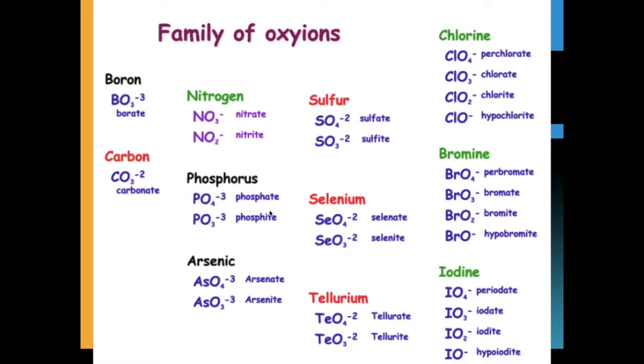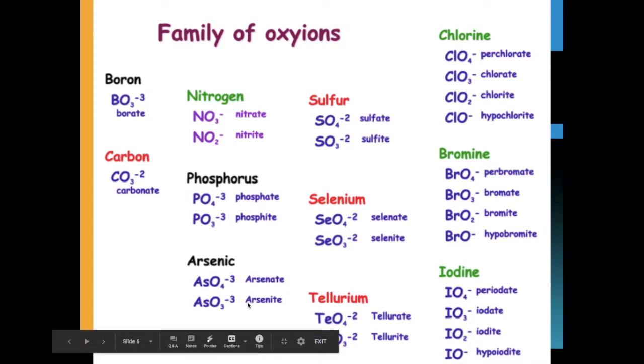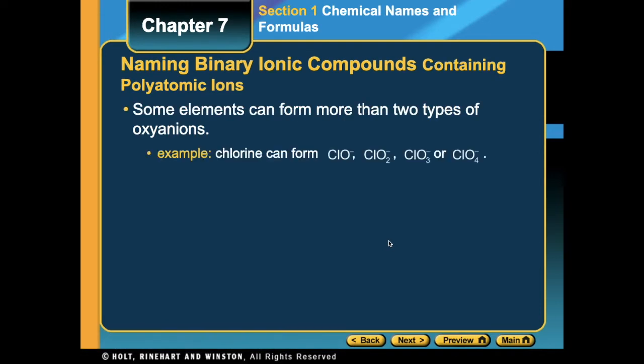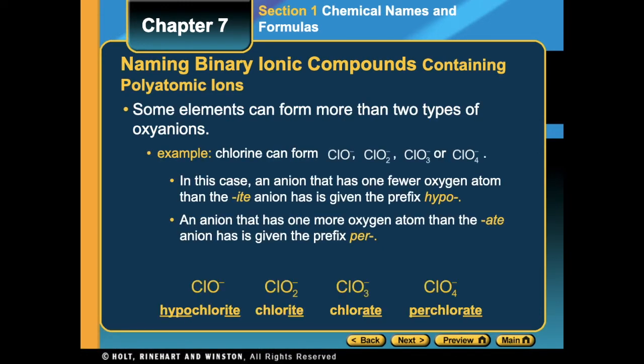And like here, phosphate, phosphite, arsenate, arsenite, sulfate, sulfite, selenate, selenite, you get the idea, okay? And now, another thing happens if we have more than 2 possibilities. Remember, if we have 2 possibilities, it's only ate and ite, okay?